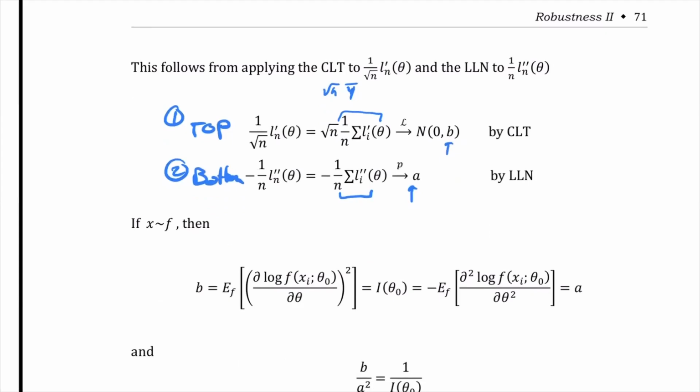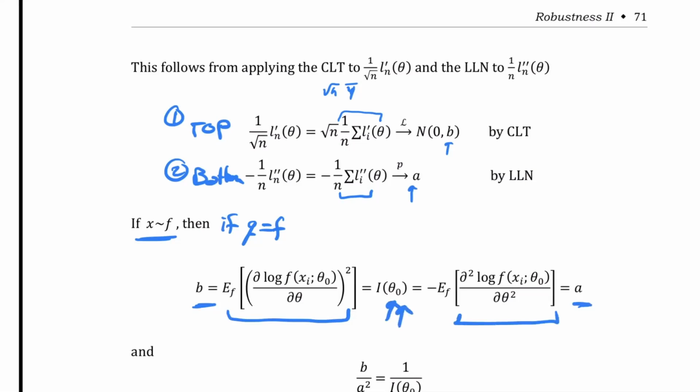And we showed by Bartlett's inequality, and we showed before, that if the data actually come from F, so let's say it is true that F equals G, but F is kind of fixed here. I'm going to say if the true model is equal to the working model, G equals F, then B, which is this thing, is equal to the information, and A, which is this thing, is also equal to the information.